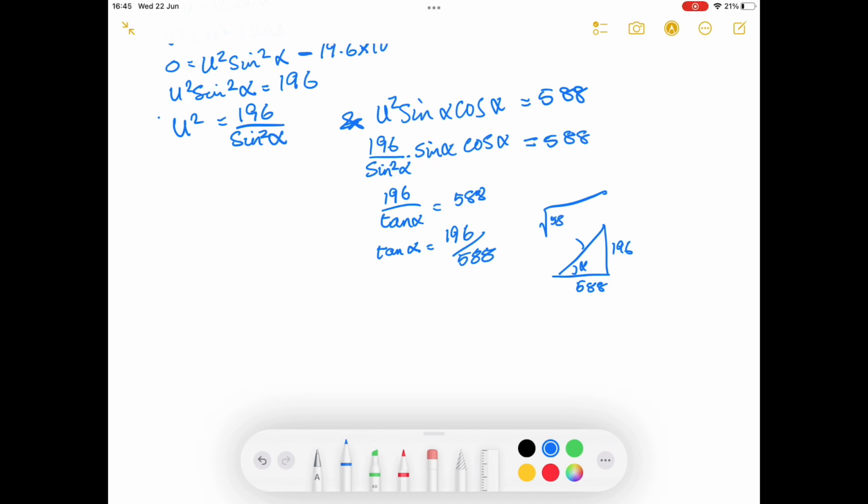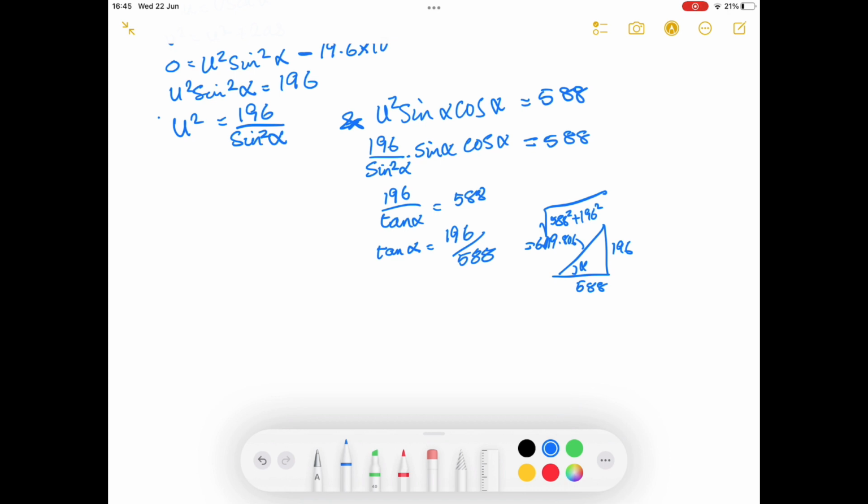And then all you have to do is sine alpha equals 196 over that number. Just calculate that out, and I'll put it down to be complete: 619.806.